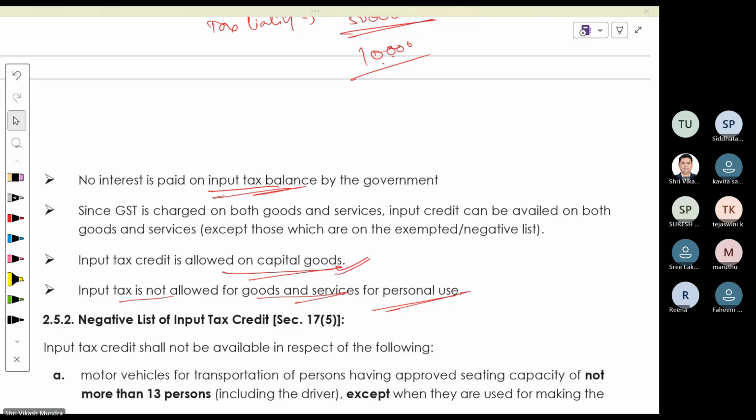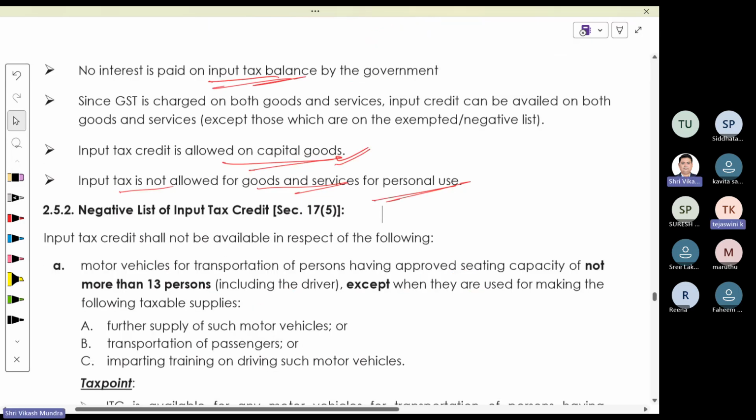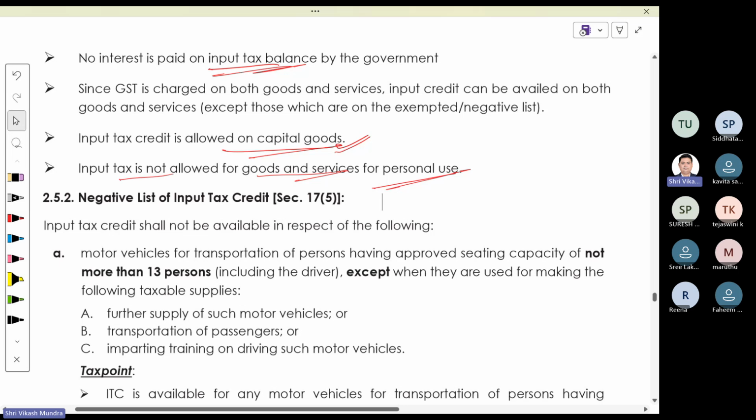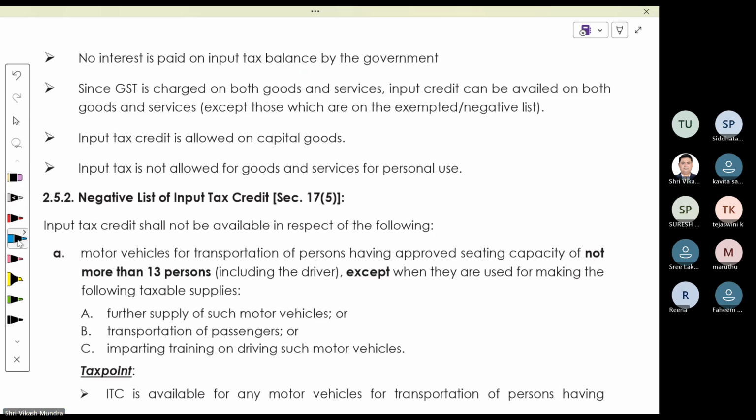Done? Now comes negative list of input tax credit. In other terms, we can also term this one as a block credit. This is also referred to as a block credit, where in respect of these transactions, ITC is blocked.